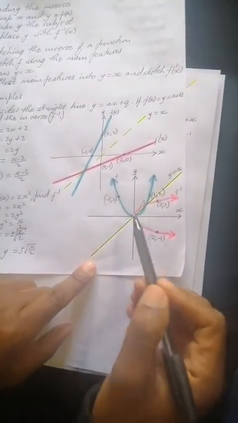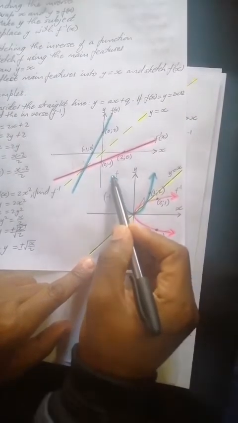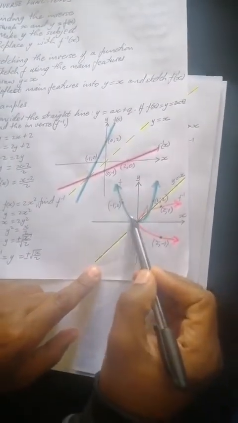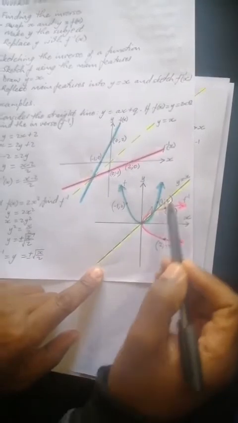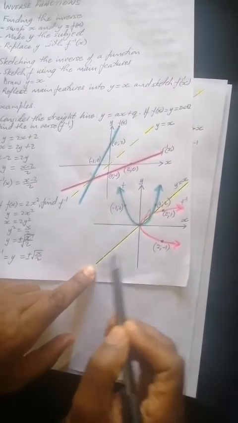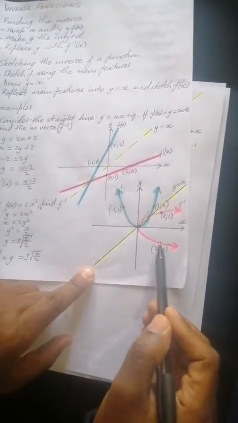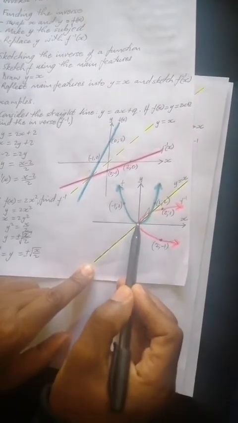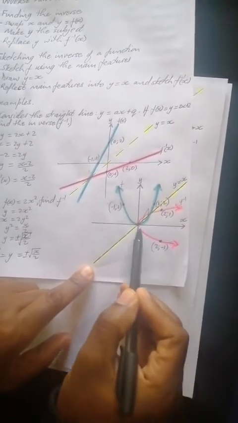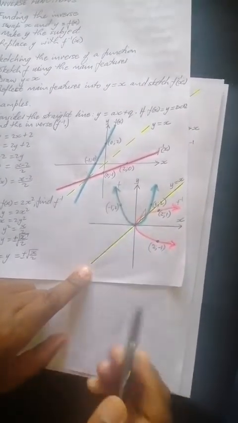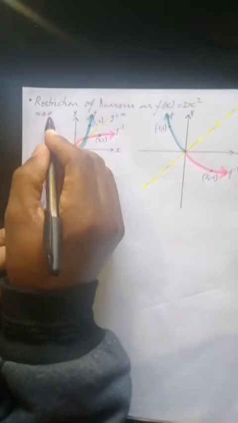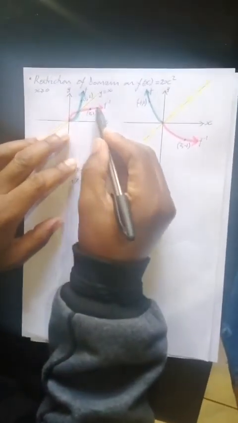By the same explanation, this other part of the graph is also reflected in here, in the yellow graph. It is minus 1, 2, it becomes 2, minus 1, which means this here is the reflection of this part. So our restriction is basically x is greater or equal to 0, which means we are taking this part only and its inverse is that one.